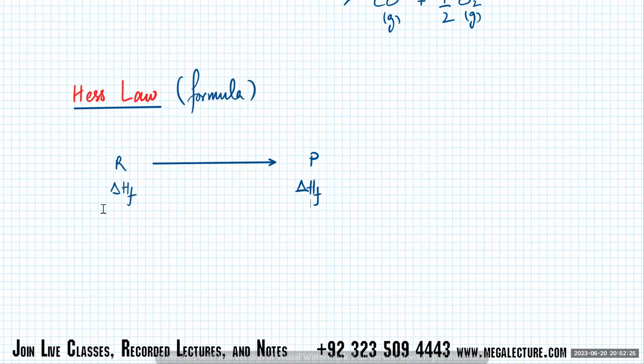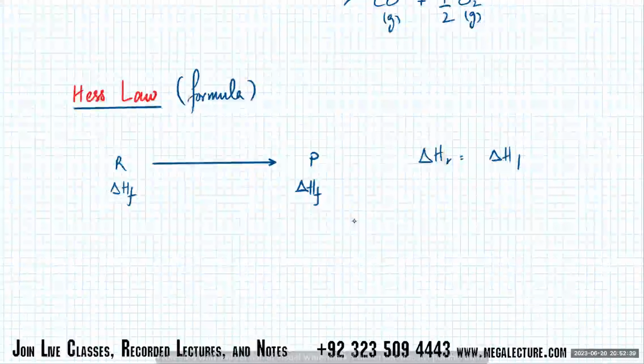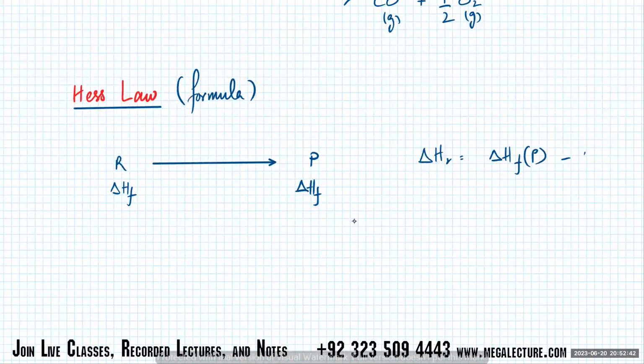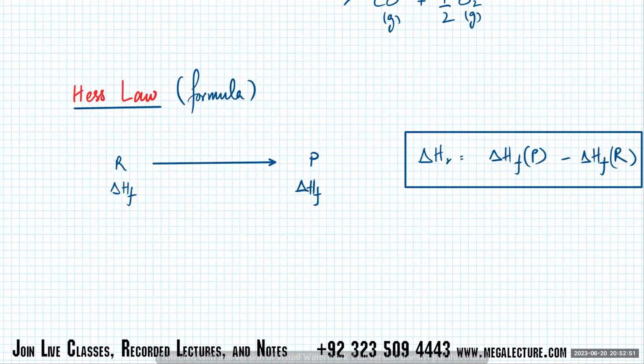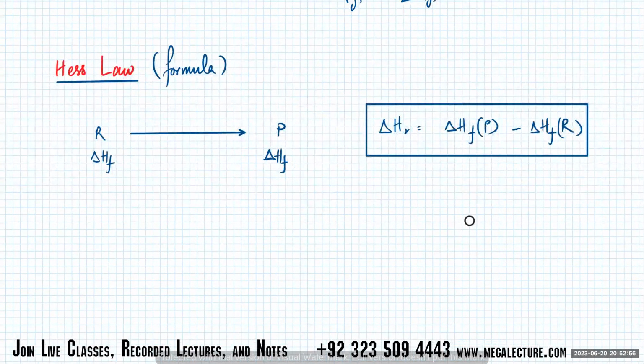As long as you have the enthalpy of formation data for the reactants and the products, the enthalpy of this reaction is equal to the enthalpy of formation of the products minus the enthalpy of formation of your reactants. So a simple formula would be sufficient without going into details about drawing the entire Hess cycle.